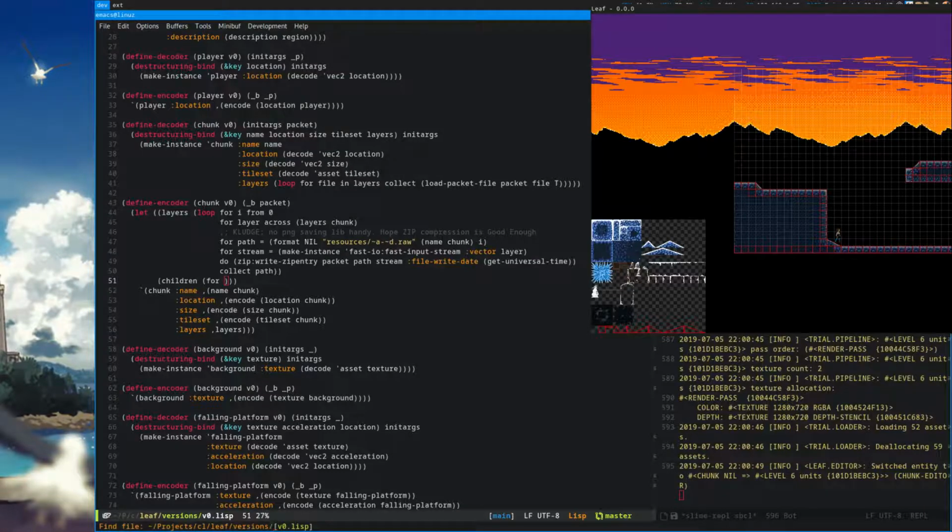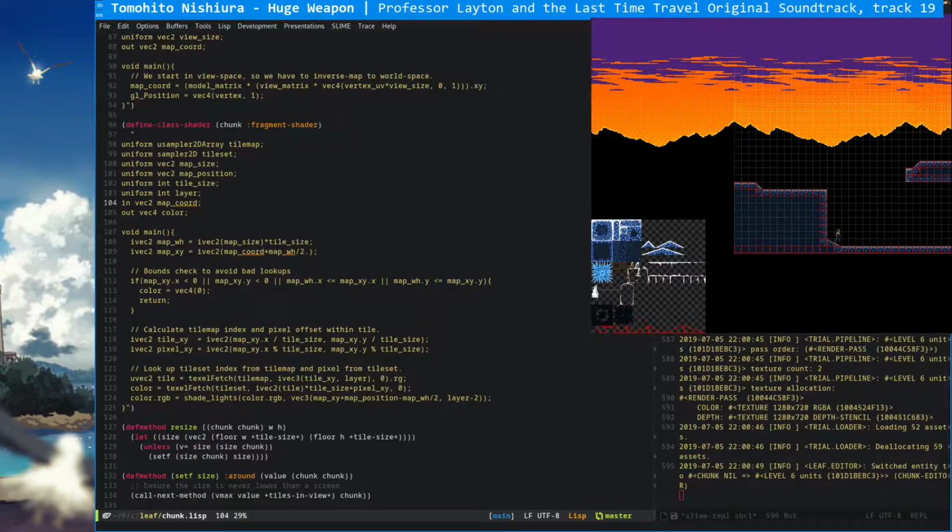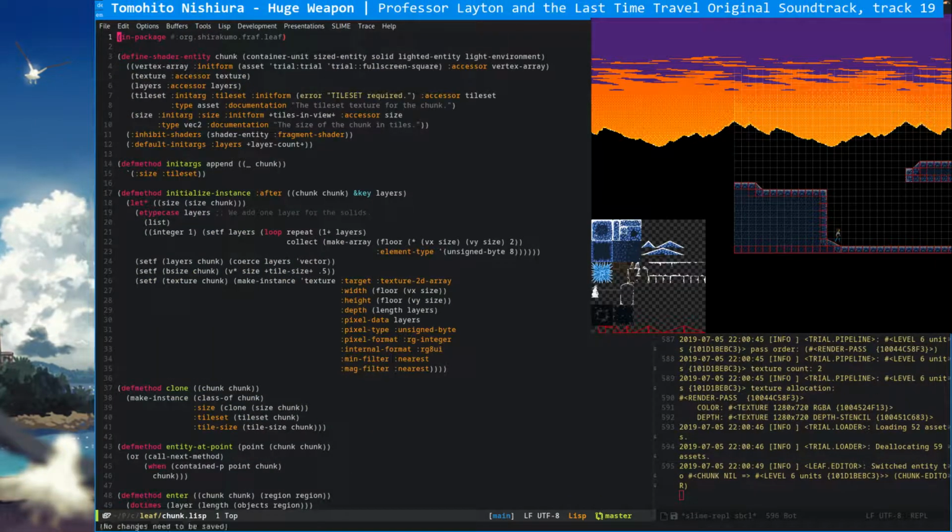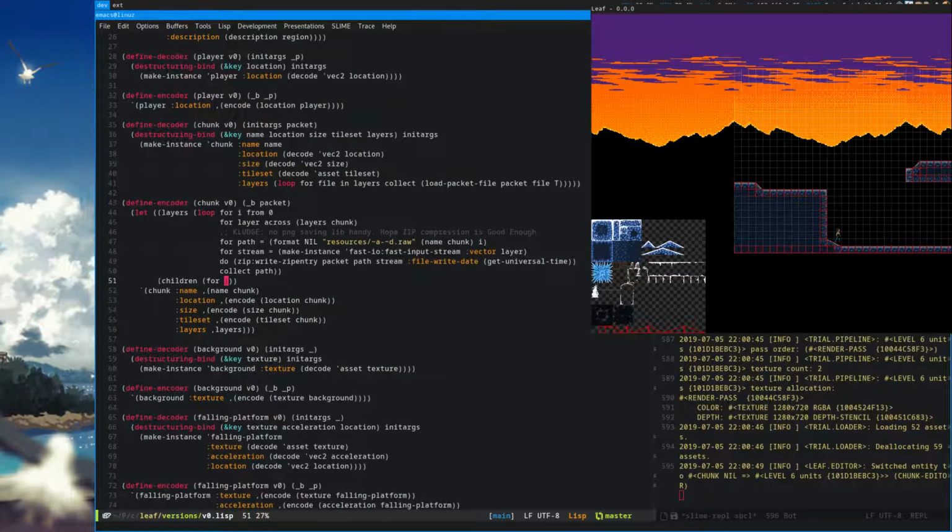What does the chunk use as a storage? I forget. It's a container unit, so standard. Okay.